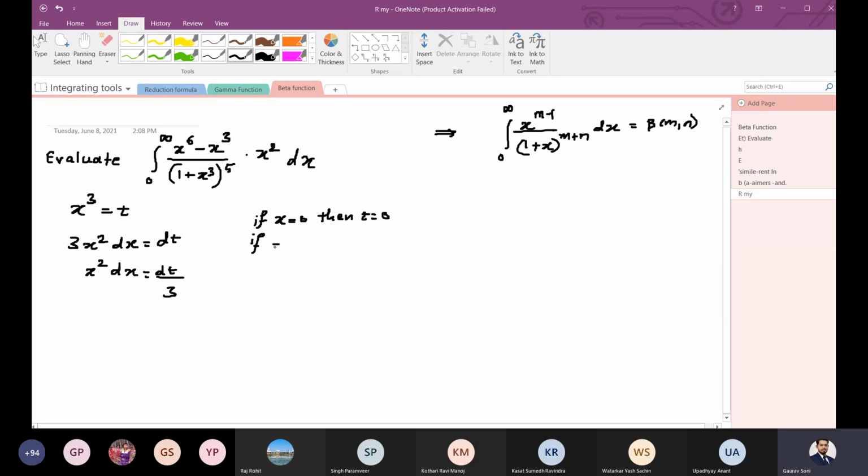If x is equal to infinity, then t turns out to be infinity. Put these values. So this will be integration 0 to infinity, x cubed is t, so this will be t squared. Please check the calculations. Minus t upon 1 plus t raised to 5. x squared dx is dt divided by 3, I will write outside as a constant.